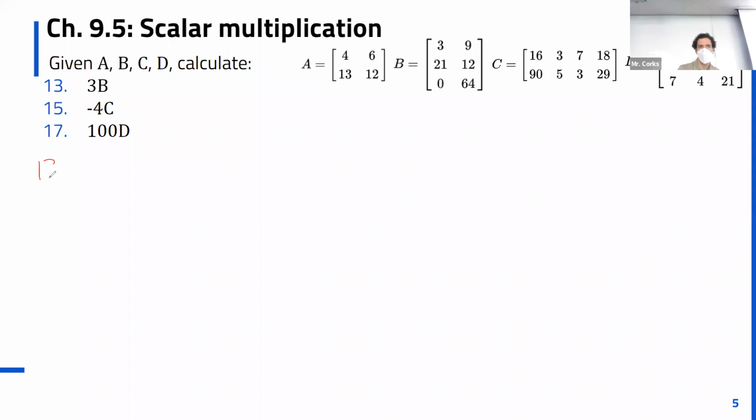So 13, we are doing 3 times matrix B. Okay, Huilin, can you start? Can you tell us 3B? First, each row in order. 192.